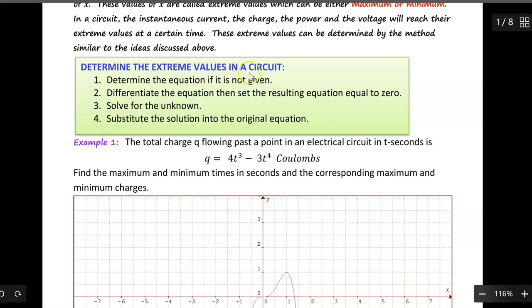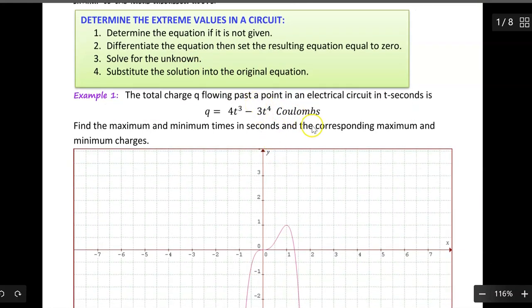Determine the extreme values in the circuit. You want to determine the equation if it's not given to you. Then you differentiate the equation, then set the resulting equation equal to 0. You solve for the unknown, and you substitute the solution into the original equation. And we are going to put that point on the graph to see whether or not we have the maximum or the minimum values.